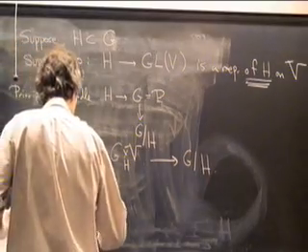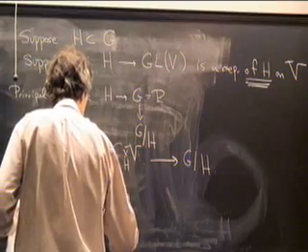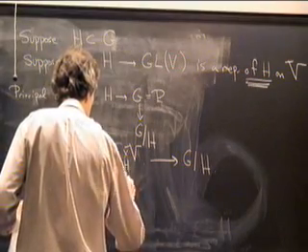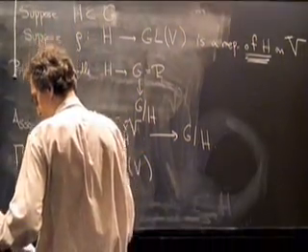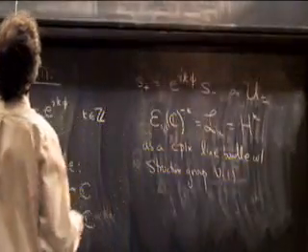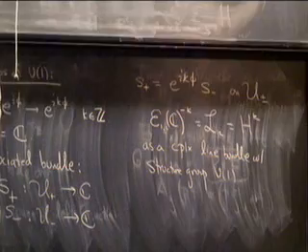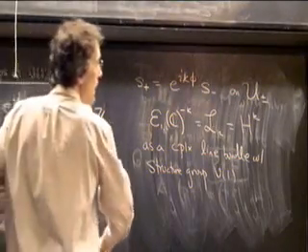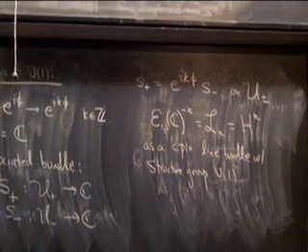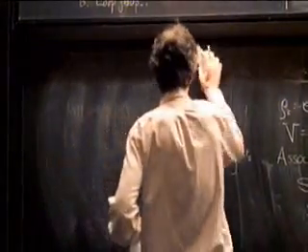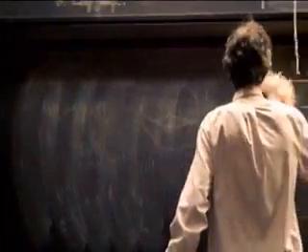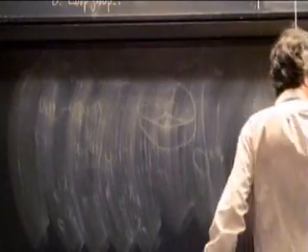And by definition, this is the induced representation from H to G of V. Okay, now let's write out what that means according to our grand tautology, and let's see why that is a representation of G. So you see, we start with a representation of H, we get a representation of G.